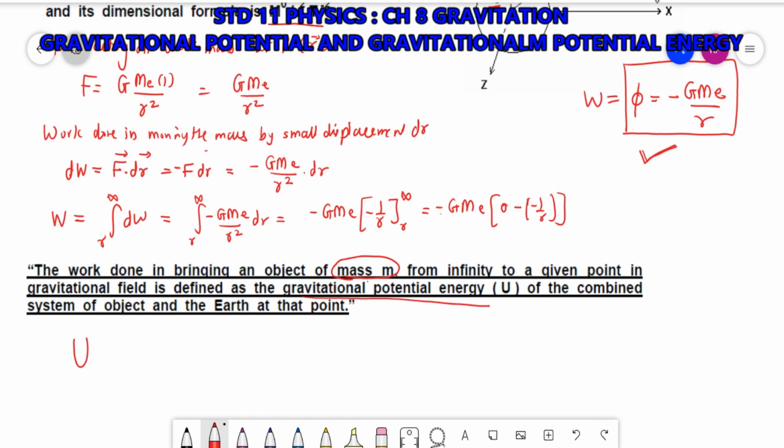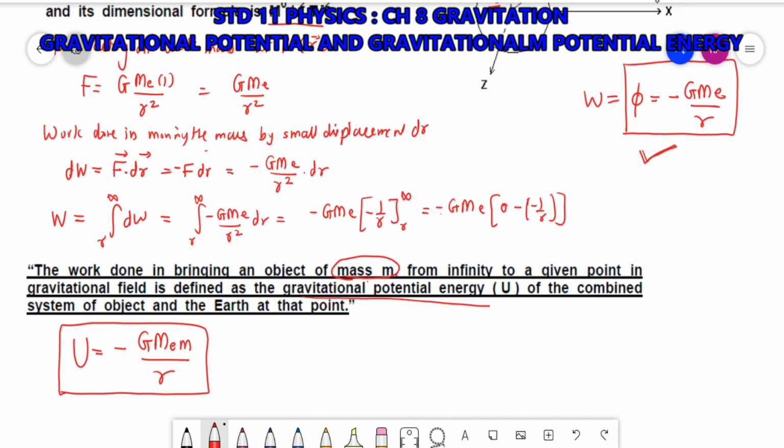So gravitational potential energy will be equal to minus G Me m upon r. Work done in bringing a mass m from infinity to a point in gravitational field is defined as the gravitational potential energy of the combined system of the object and the earth at that point.